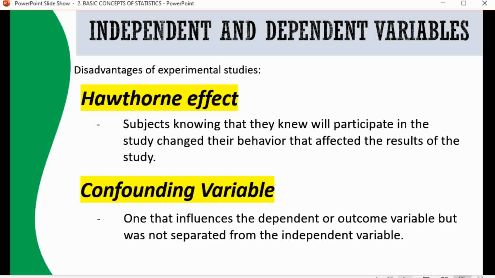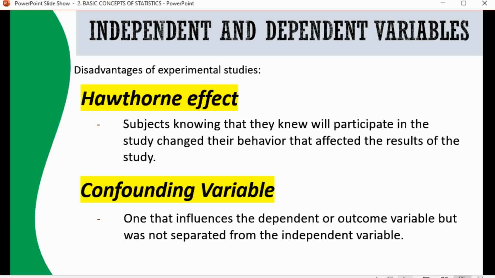For instance, you would like to focus on the effect of a certain drug, a certain diet to reduce weight. That's what your focus is. Diet as your independent variable, and your dependent variable is the reducing of weight. Diet should only be the reason why you will reduce weight. However, you might not expect that their personal sleeping habit, or existing diseases that affect them to regulate their weight, could become your confounding variable.